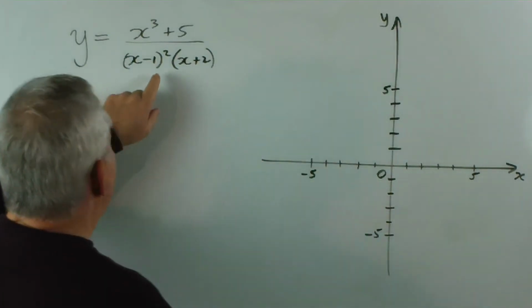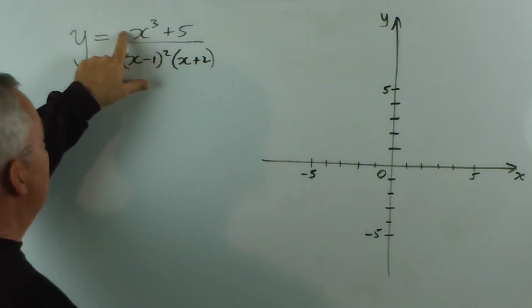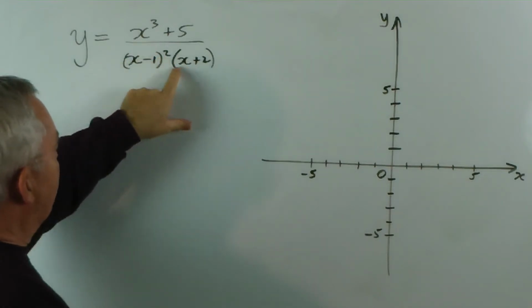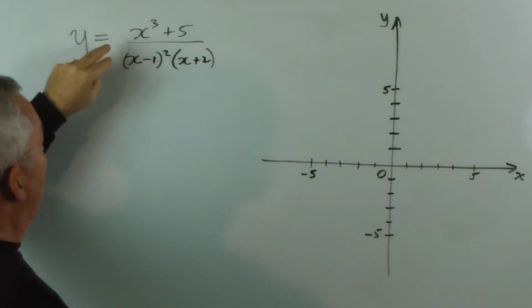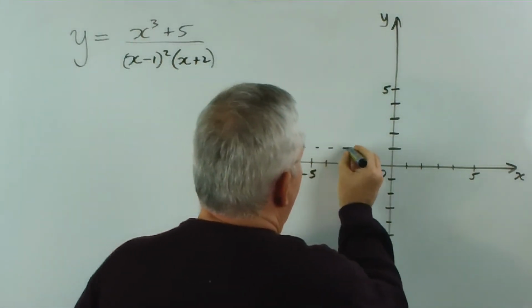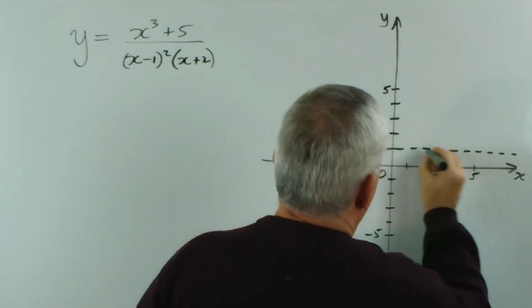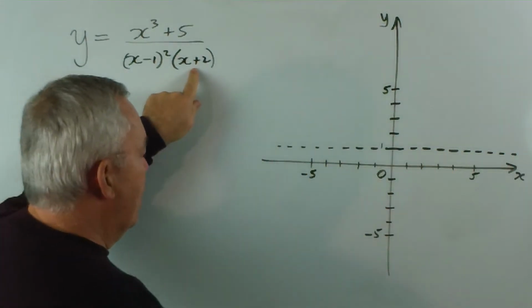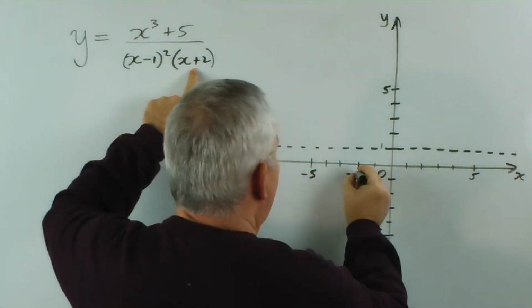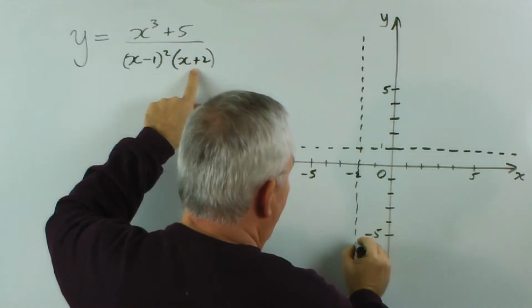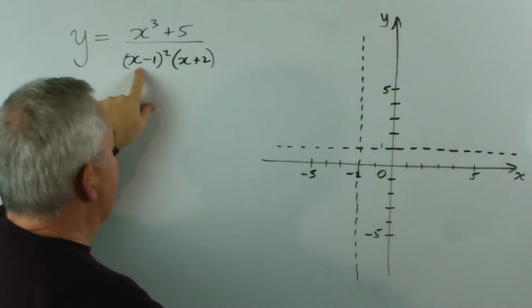What's the coefficient of x cubed on the top? It's 1. And if we multiply this out, we get an x squared times an x is another x cubed. y equals 1 is going to be our horizontal asymptote. Our vertical asymptotes will be at -2 and at +1.